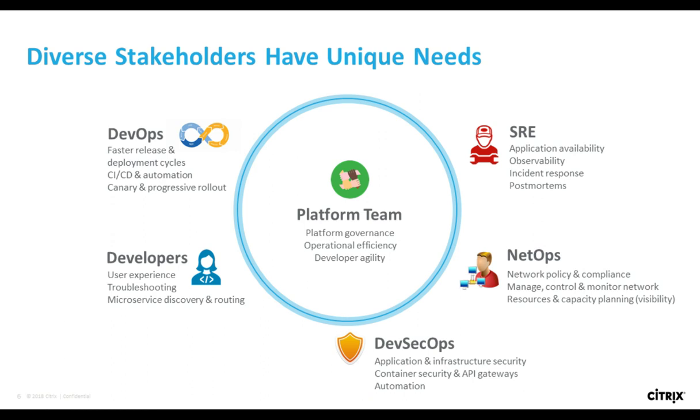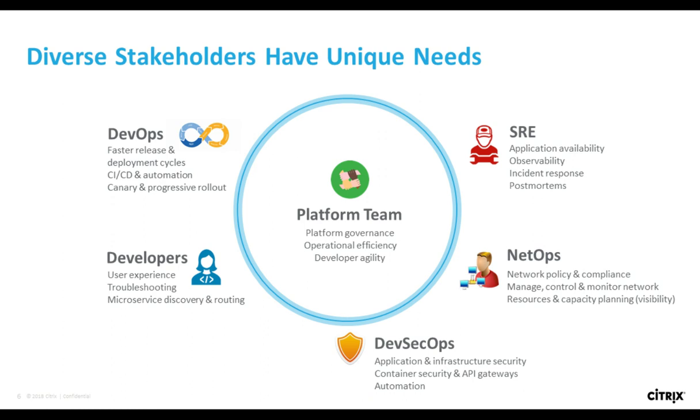Platform team plays a much bigger role than beyond these 3 we just talked about. They are the connecting tissue between other stakeholders, whether it's DevOps, developers, SREs, site reliability engineers, network operations, or DevSecOps.